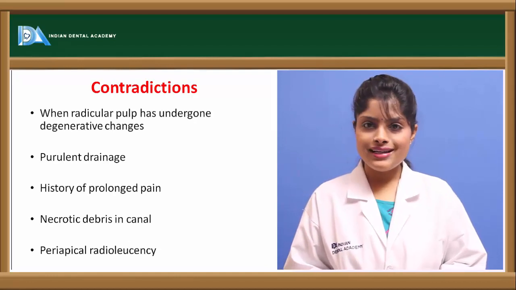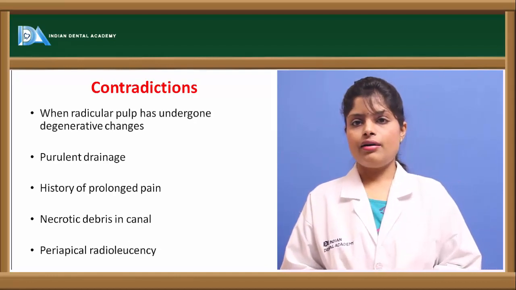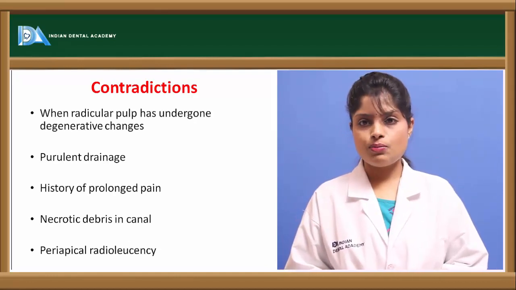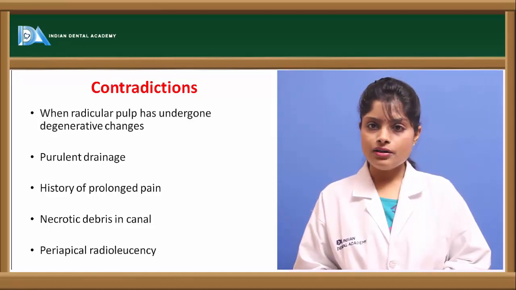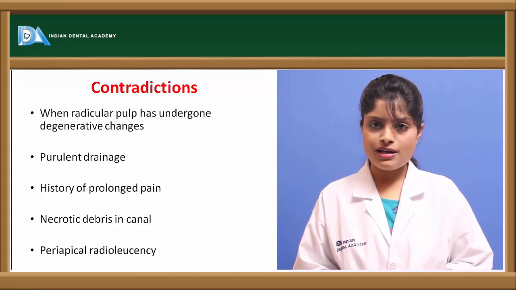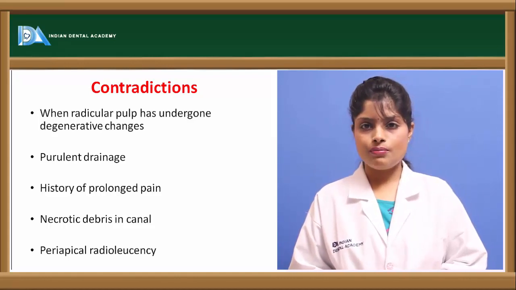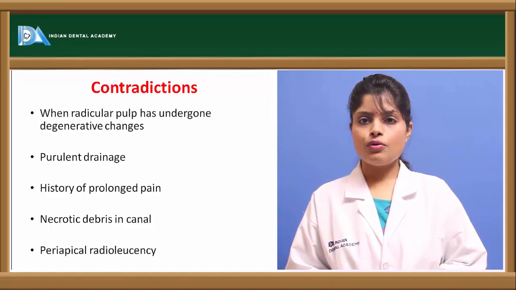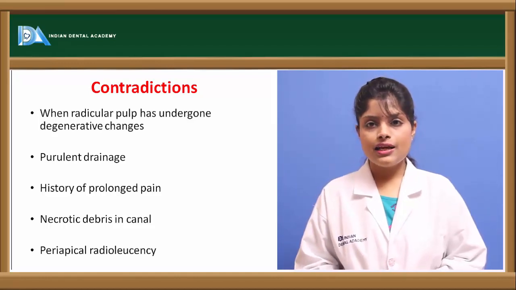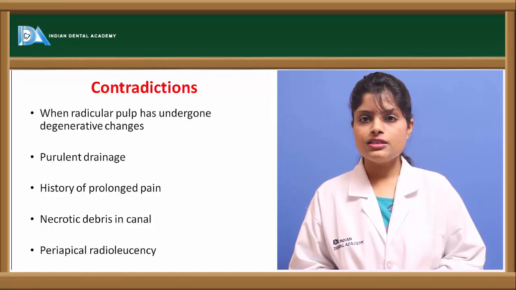The major contraindications for the same are if the patient has spontaneous pain or nocturnal pain, or purulent discharge or pus present in the pulpal chamber. Then, if there is a history of prolonged pain, that is, the patient still complains of pain even after the stimulus is removed.